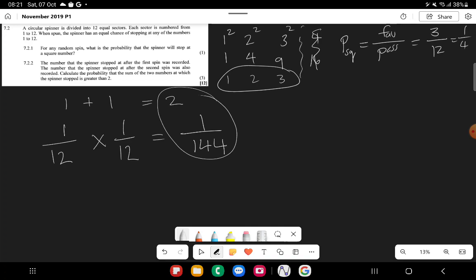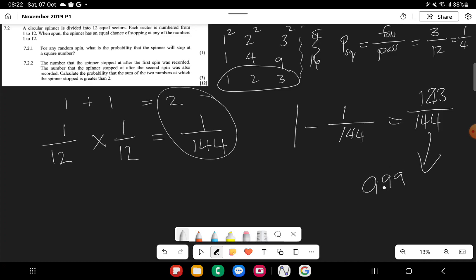So 1 minus 1 over 144 gives me 143 over 144. That's the probability of getting a number greater than 2. If you input that into your calculator, this becomes 0.99, which is 99%.